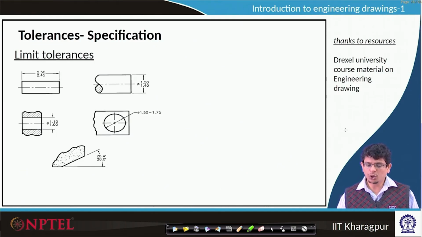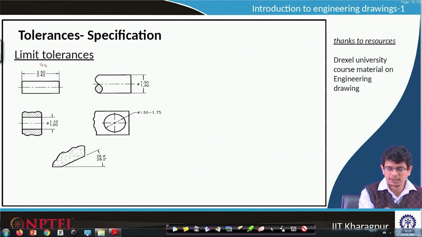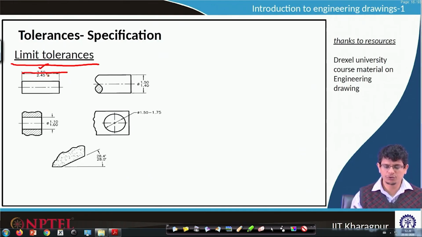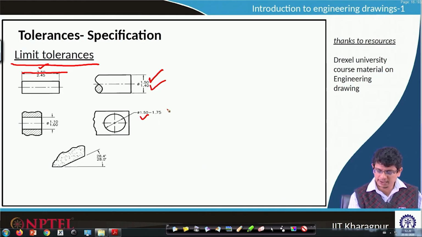These tolerances are broadly divided into two parts. One is limit tolerances, where we show both dimensions, 2.5 and 2.45. Similarly, for limit tolerances the limits are mentioned: it can vary from 1.4 to 1.5, this diameter can vary from 1.5 to 1.75, and so on. Similarly, for angles, 28.0 to 28.4.